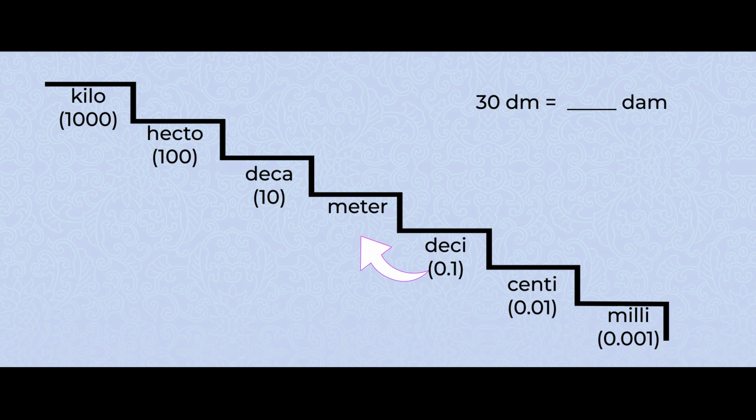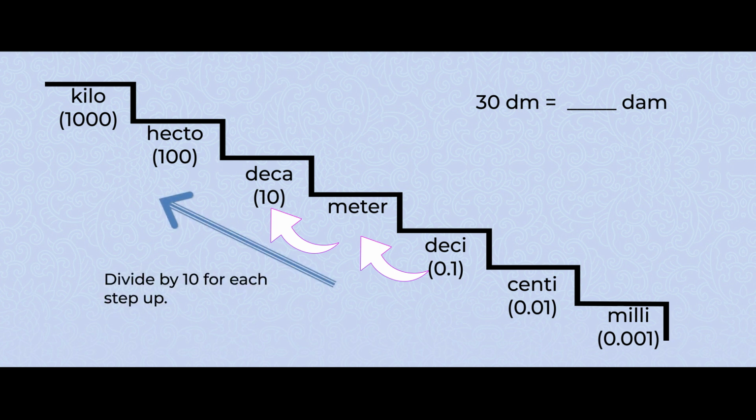And from meter, you go to deca. We need to climb 2 steps. So we need to divide by 100. So 30 divided by 100 will give you 0.3 decameter. So 30 decimeter is equal to 0.3 decameter.